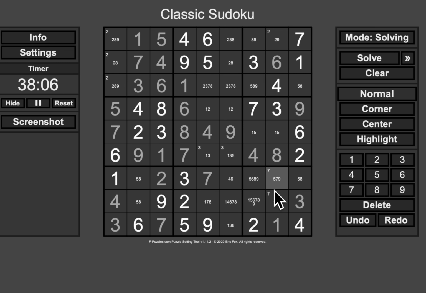Yeah. 7 can only go in one of two places in this box. It can't go here, so it has to go here. I was right. Okay, so that's not 7. See, 5, 8. 5, 8 says this can't be 5 or 8.